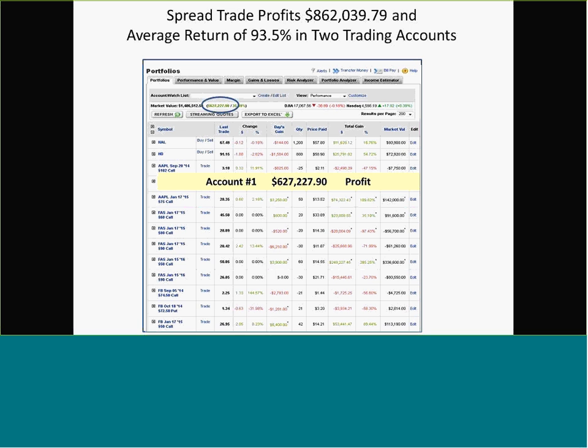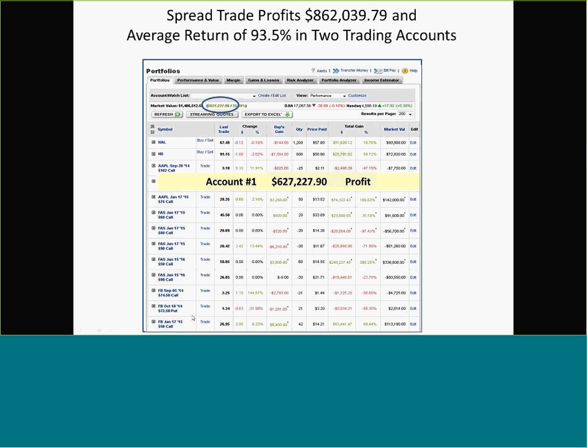I'll just show you a snapshot of my brokerage accounts, and these are all spread trades. I currently have, as I mentioned, an $862,000 open trade profit, average return of 93%. This is my account number one. I have a $627,000 open trade profit, and you can see the various spread trades listed here in this profit loss report.